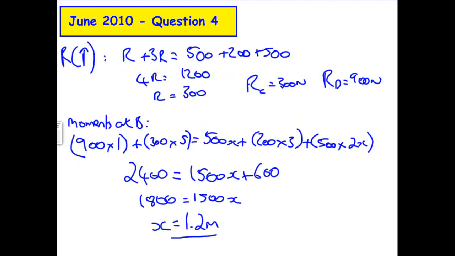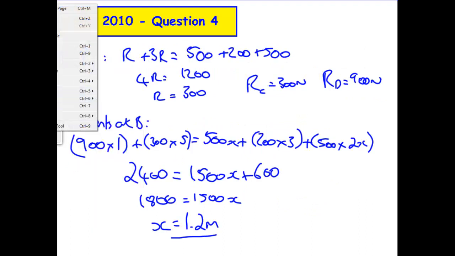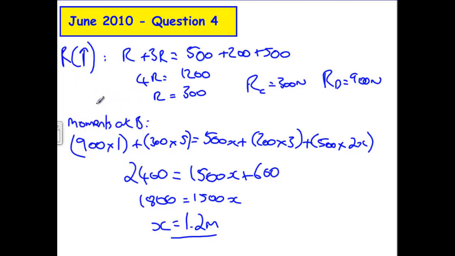Now in terms of where marks are allocated for this question, let me just get my red pen. You would get 1 method mark for each of these, for the idea of setting up 2 equations. So resolving vertically, just the idea of doing that gives you a method mark, and taking a moment gives you a method mark. Doing this accurately, resolving vertically, gives me another accuracy mark, and getting the correct moments equation gets me 2 accuracy marks.